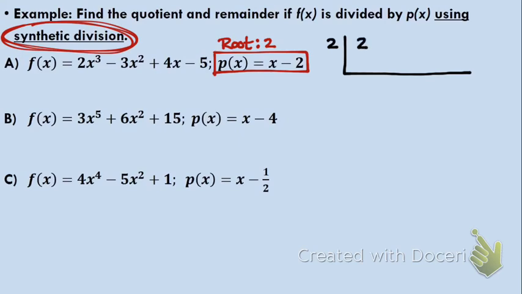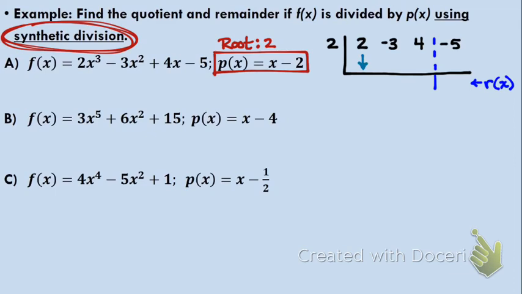And that's an x cubed, so then I move to x squared. What's that coefficient? -3. Then I move to x, 4, and then my constant, -5. And I always block that guy off because I know back here is where I'm going to find r of x.